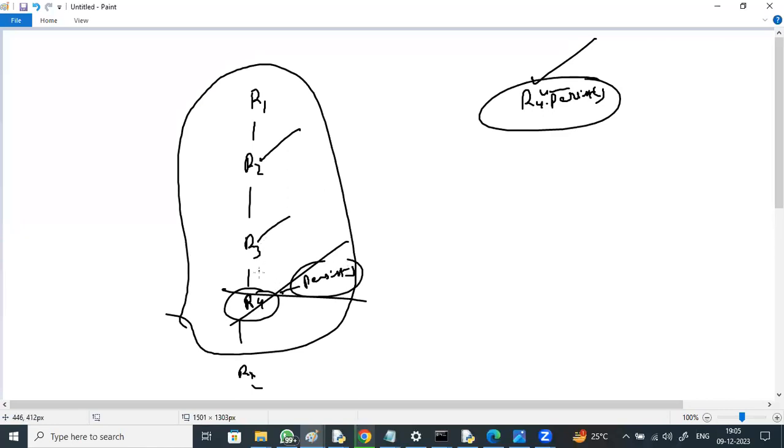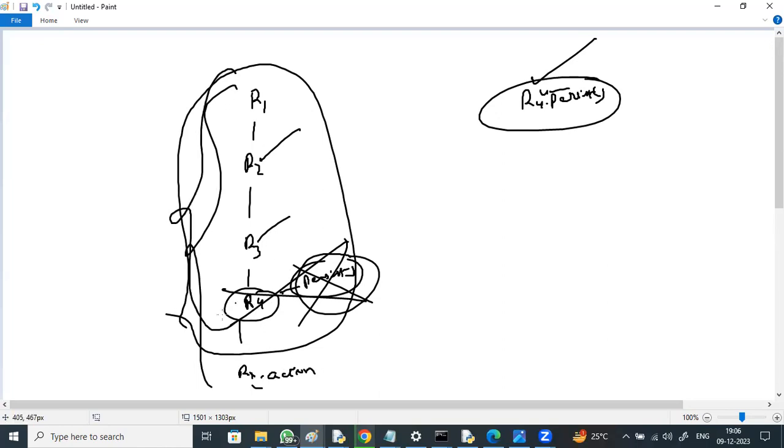If you're not giving persist, this entire flow will still execute. It's not compulsory to persist. If you just perform an action on R5, it will execute from the root RDD to the end and give the output.